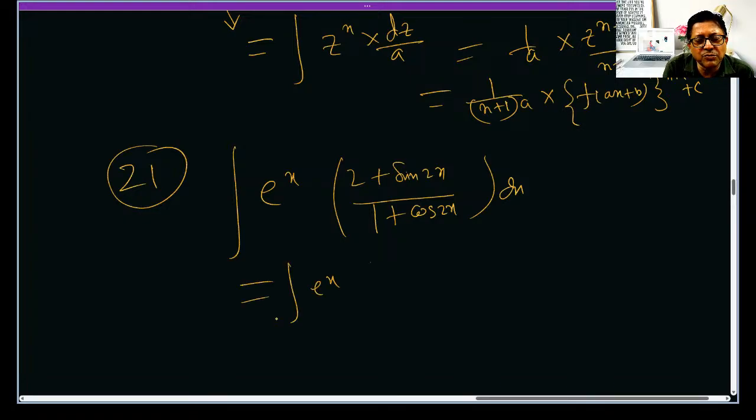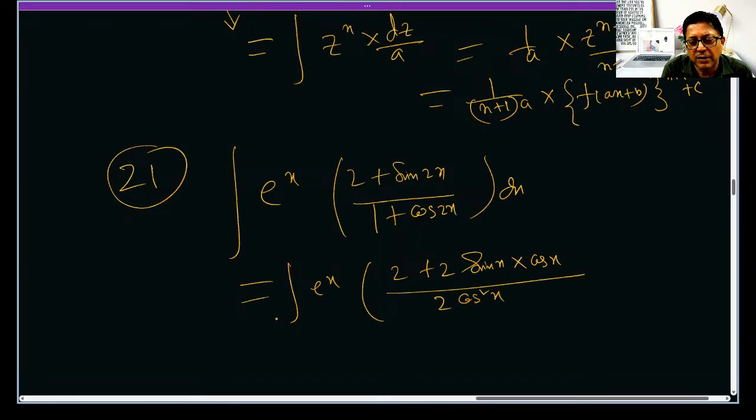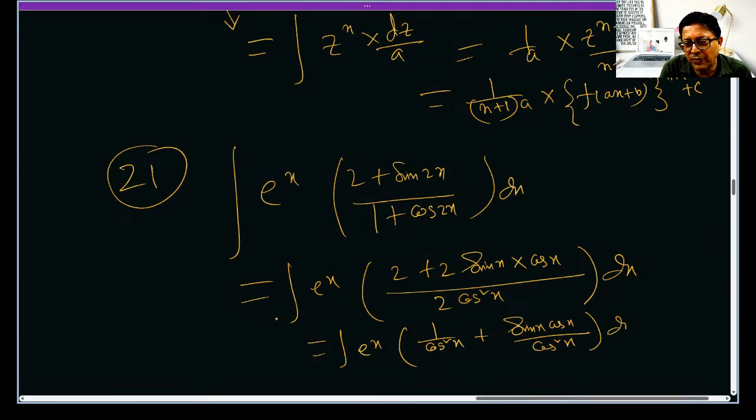So this will be e to the power x, 2 plus 2 sin x cos x by 2 cos square x dx. Now separate, 1 by cos square x divided by cos square x dx. Okay?